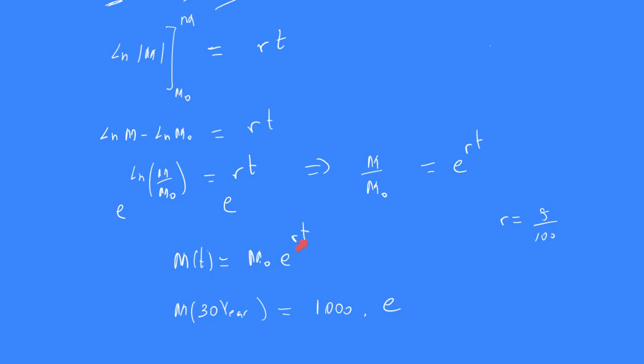You see, this exponent has no units, because 5% per year multiplied by years has no units. So it will be 0.05 multiplied by 30 years.